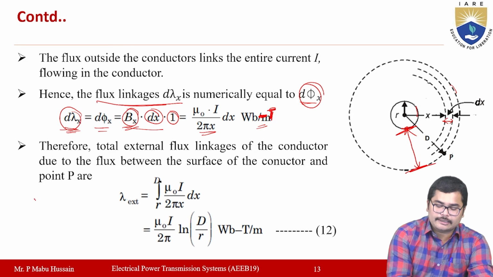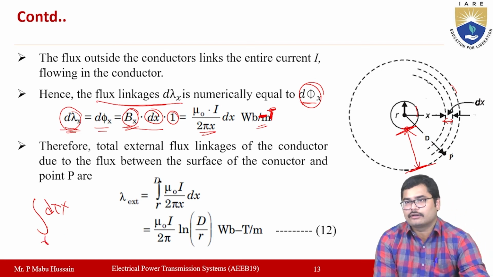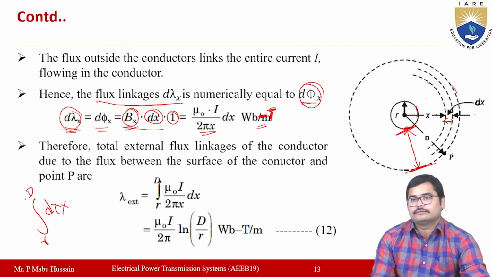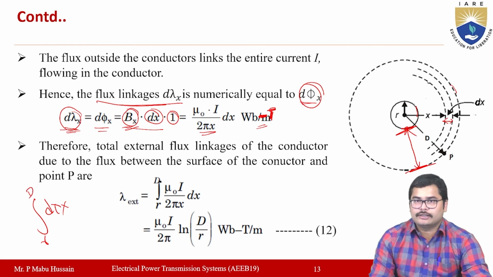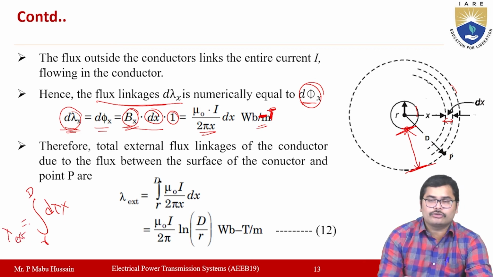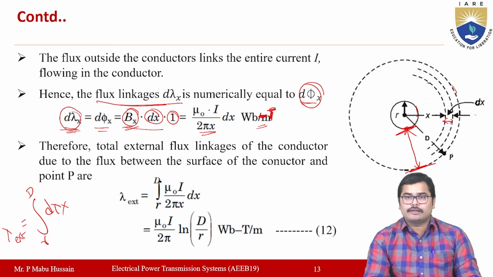By integrating this dλx from the surface of the conductor, which is at a distance r from the center of the conductor, up to a point P which is at a distance D meters. When you do this, you will get the total flux linkages external to the conductor, which is called the external flux, λ external.